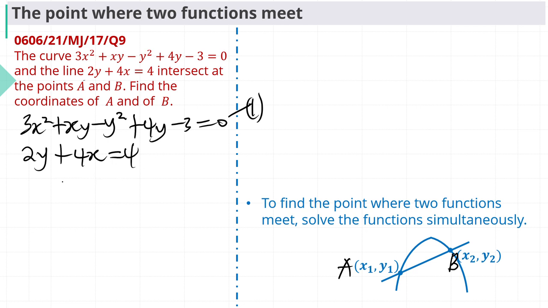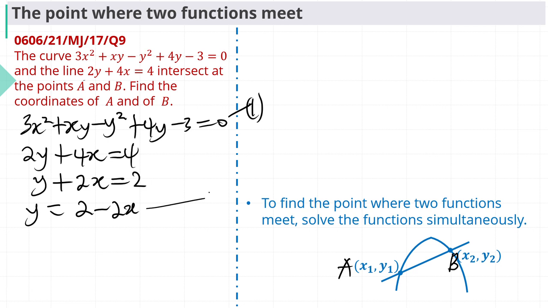And simultaneously, we make one of the variables in the second equation the subject. So I divide each term of this equation by 2 so that we make y the subject. Let's name this one equation 2.